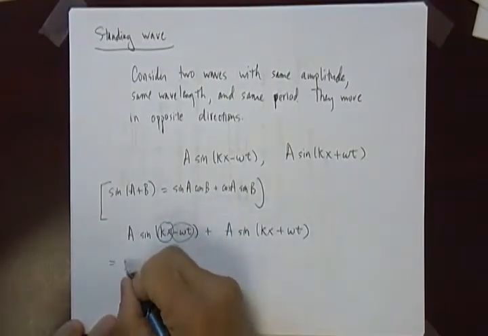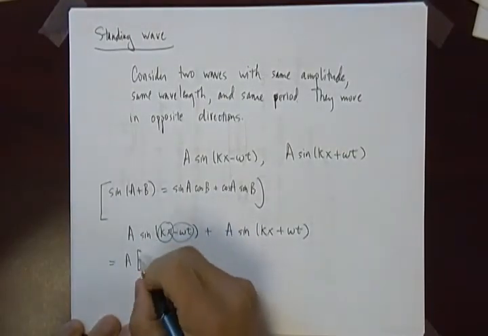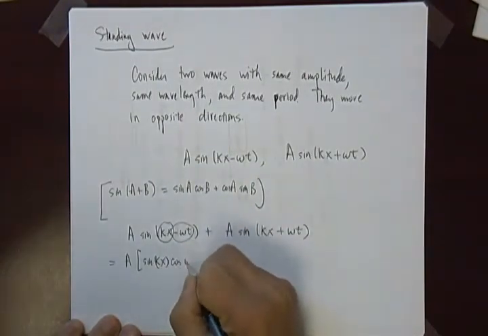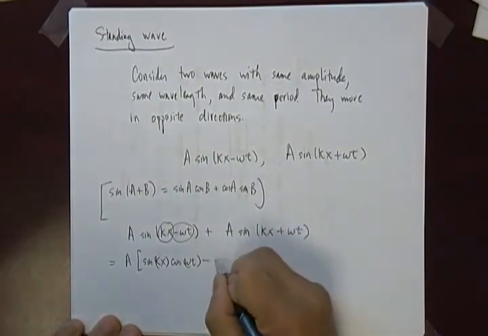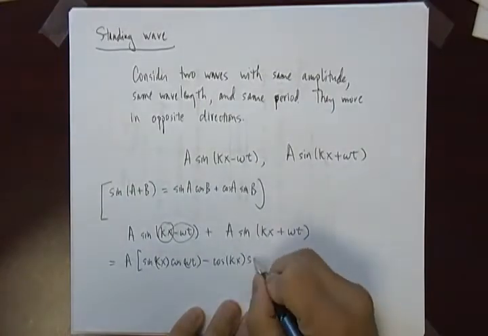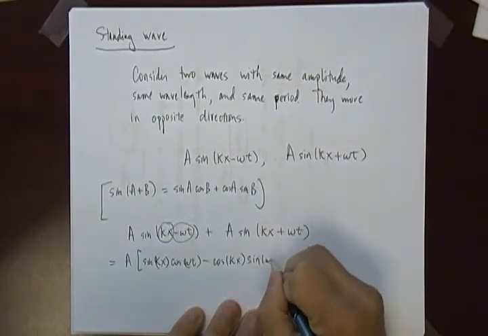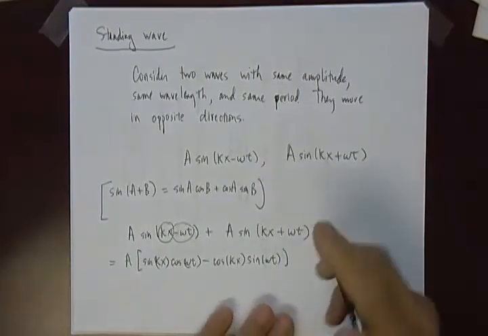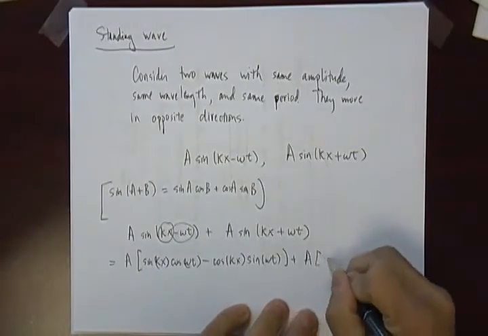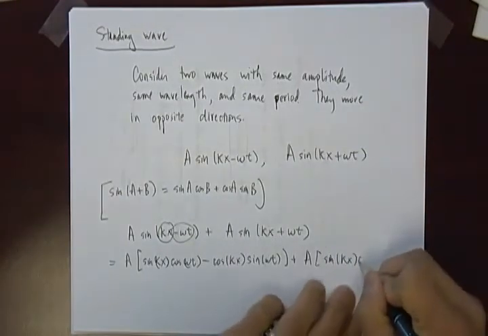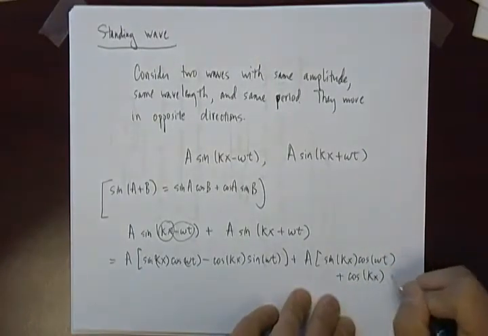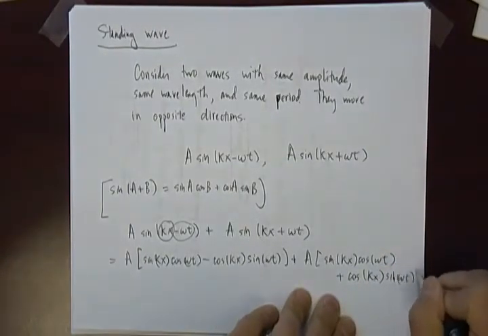We'll get A times the sine of kx times the cosine of omega t minus cosine of kx times sine of omega t. Don't worry about the derivation; it'll be done in just one more minute. Then we'll do the same thing for the plus sign. This minus sign will just go away: sine kx cosine omega t, plus cosine kx sine omega t.